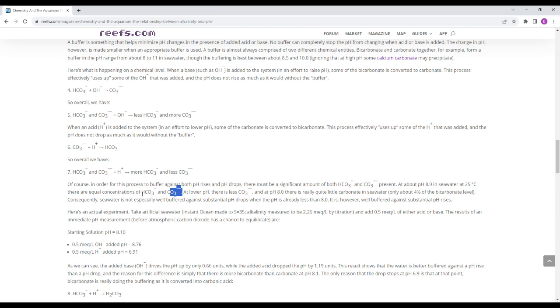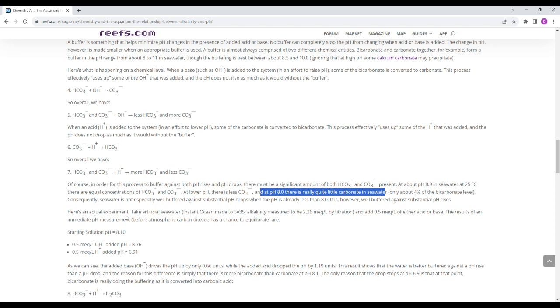At lower pH, there is less carbonate, and at pH 8.0, there is really quite little carbonate in seawater, only about 4% of the bicarbonate level. Consequently, seawater is not especially well buffered against substantial pH drops when the pH is already less than 8.0. It is, however, well buffered against substantial pH rise.